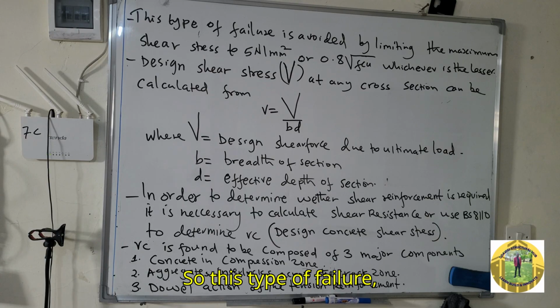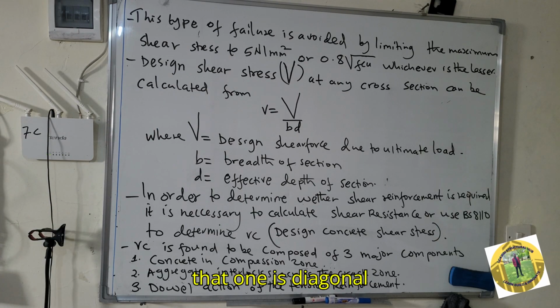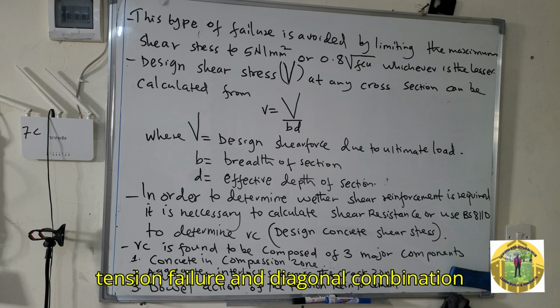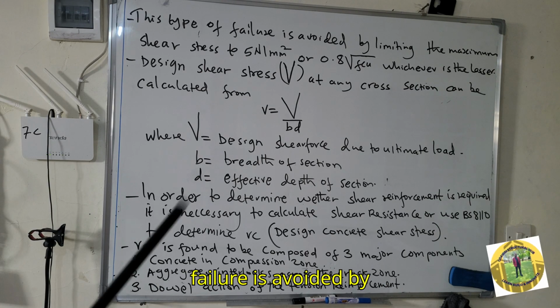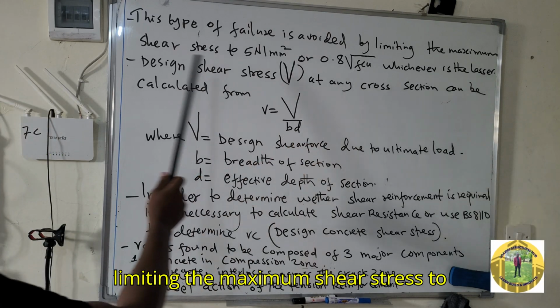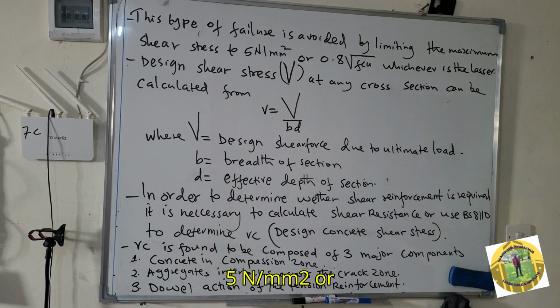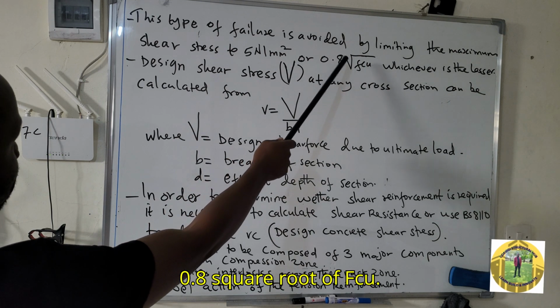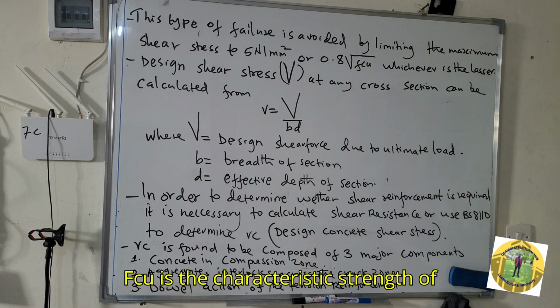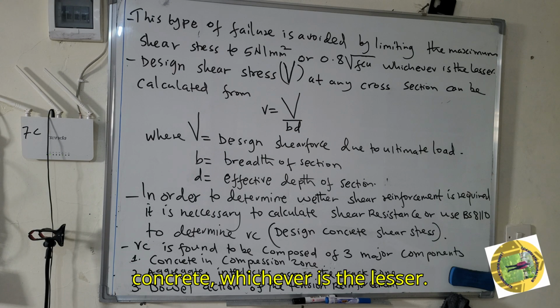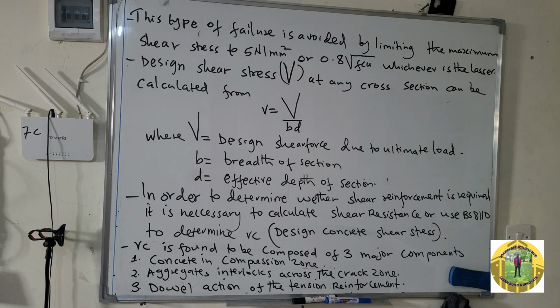This type of failure is different from diagonal tension failure, and the diagonal compression failure is avoided by limiting the maximum shear stress to 5 Newton per millimeter square, or 0.8 square root of fcu, where fcu is the characteristic strength of concrete, whichever is the lesser.